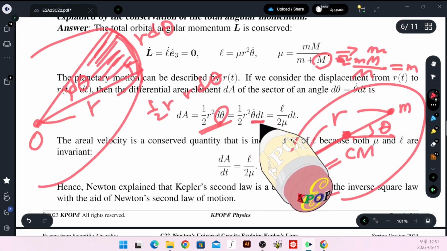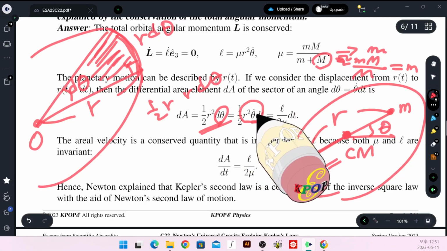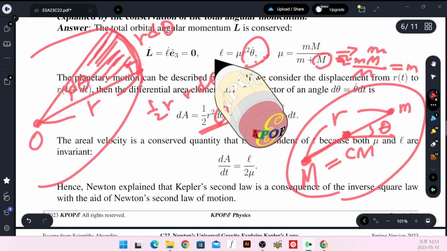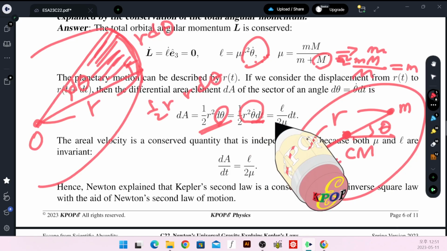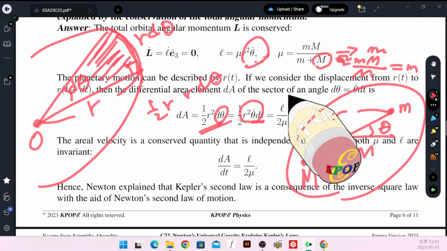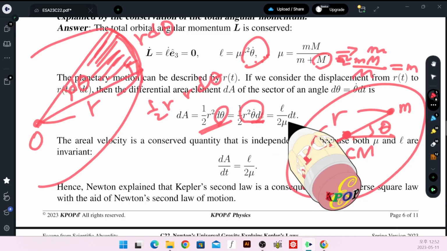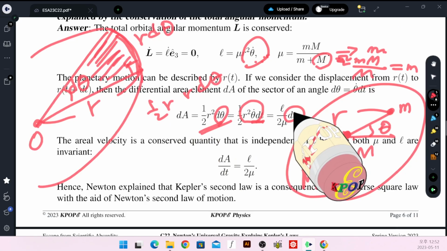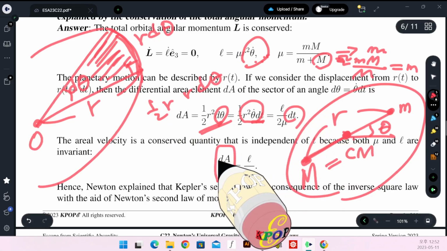All right. And then we are familiar with this. r squared theta dot is here. That is angular momentum divided by the reduced mass. So the area of the sector is orbital angular momentum divided by 2 times the reduced mass, times dt. We divide both sides by dt to find the velocity of area.